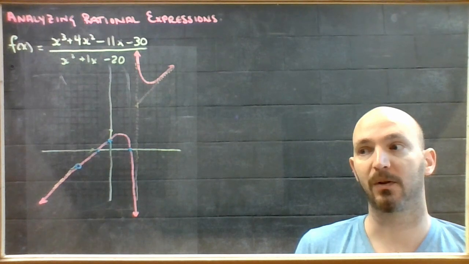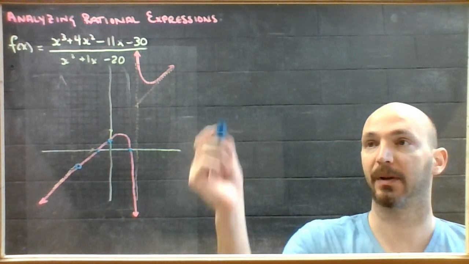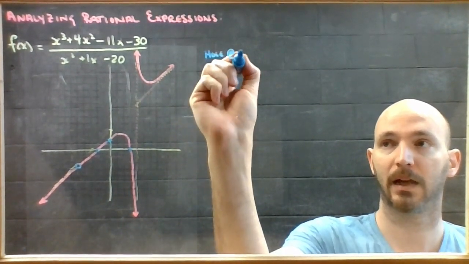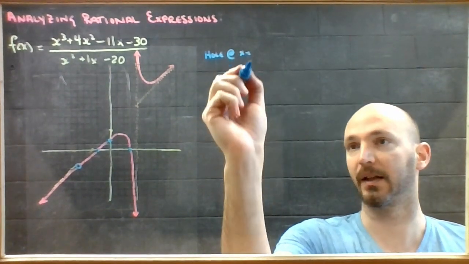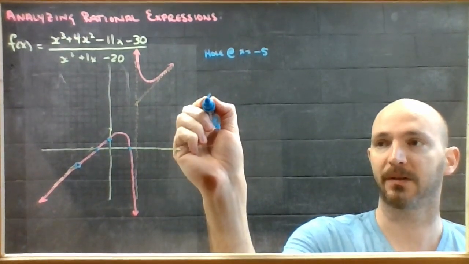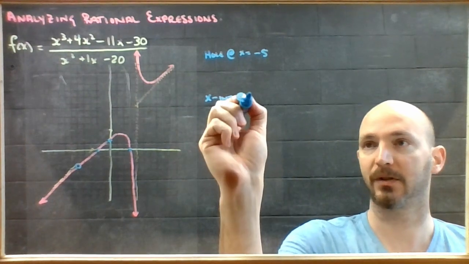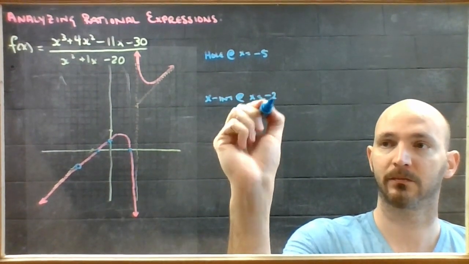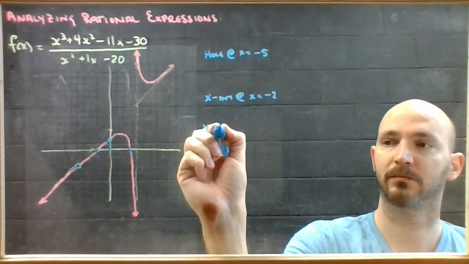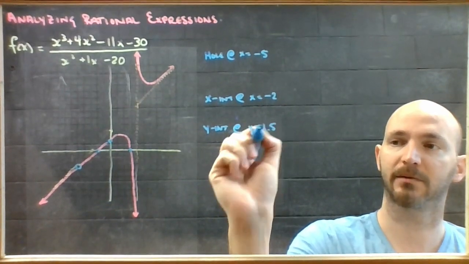Okay, so I'm going to go through and list the features that we found. So we had a hole at, where was that, -5. And then we have an x-intercept at -2. And then we have a y-intercept at 1.5.